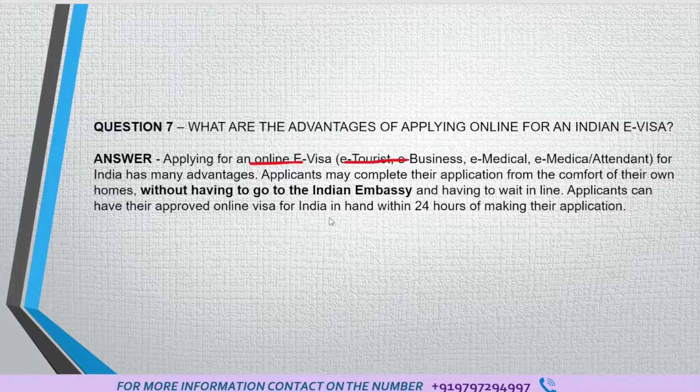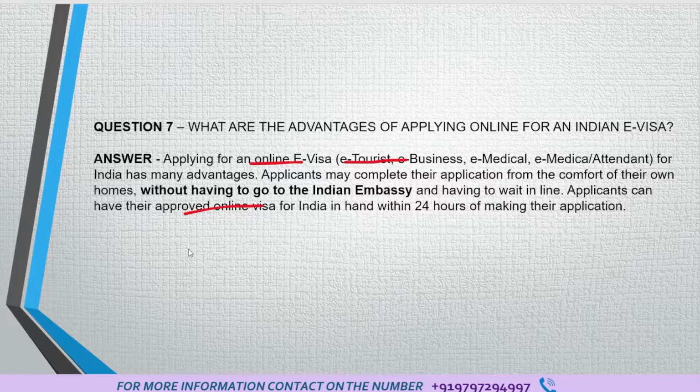First, online we can apply for many visas: e-tourist, e-business, medical attendant, and several others. Then you do not have to wait in long queues or waste a lot of time, because online application saves you a lot of time, and you will receive your visa within 24 hours if you want. So this is the main advantage that travelers get by applying online for an Indian visa.